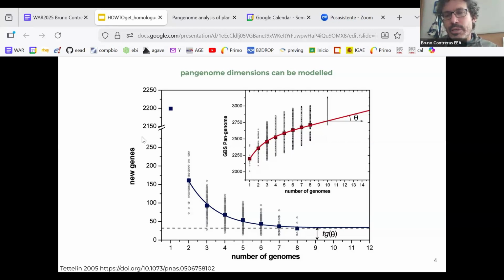There is a point where it doesn't matter how many genomes you have, you will not find any new genes. Okay, and the top plot is a different way of looking at the same problem. It shows how large is the total number of genes when you keep adding genomes.